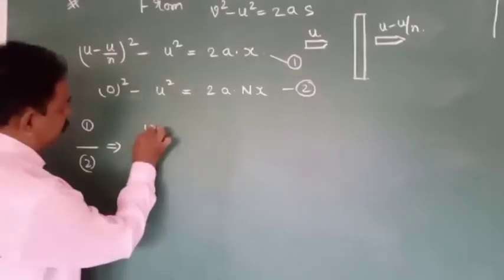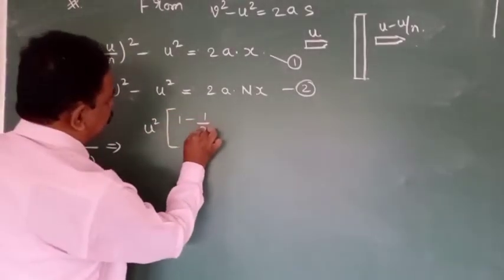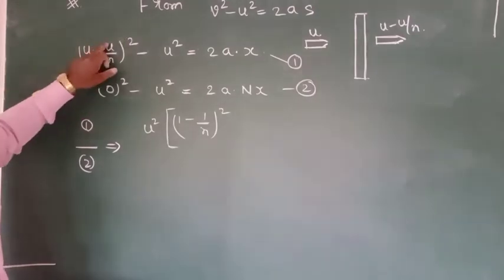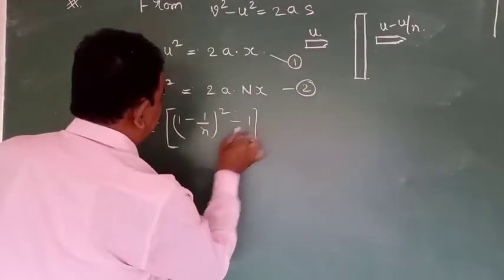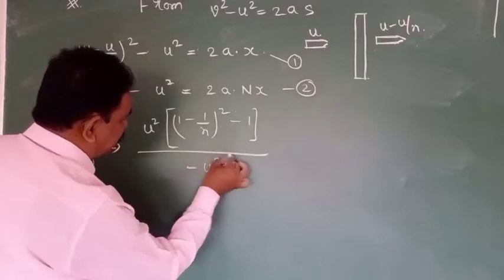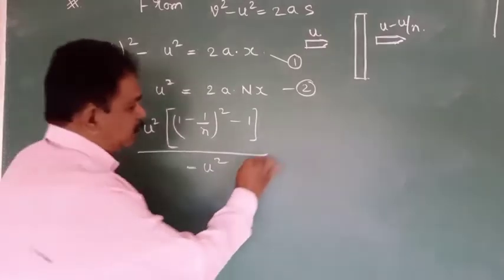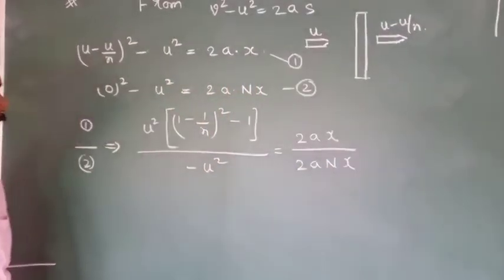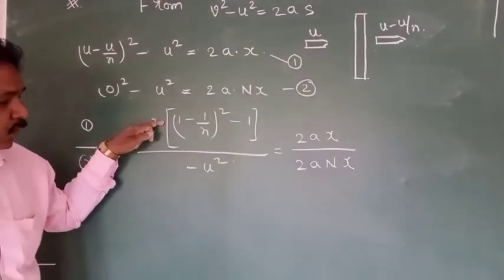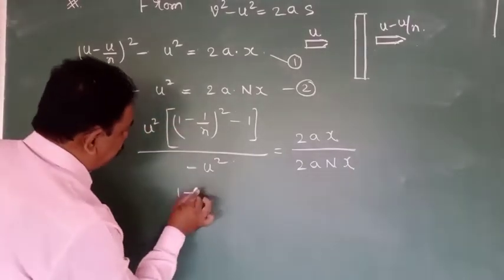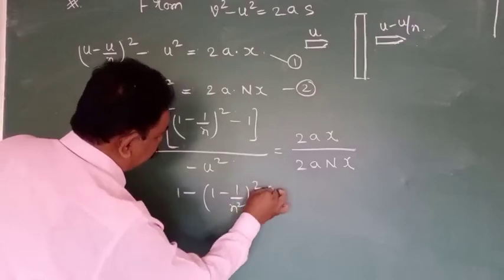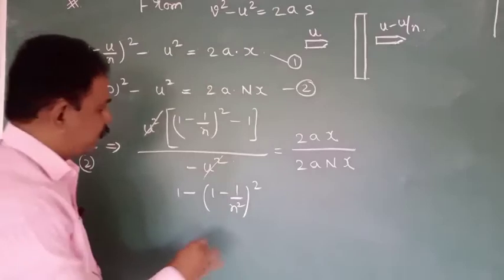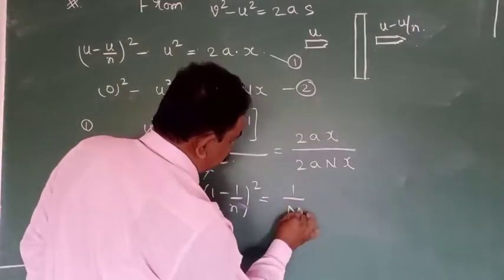Taking u square as common, the numerator becomes u square into (1 minus 1 by n) whole square minus 1, divided by minus u square, is equal to 2ax by 2aNx. The minus goes to the numerator, so minus of minus means 1 minus (1 minus 1 by n) whole square is equal to 1 by capital N.